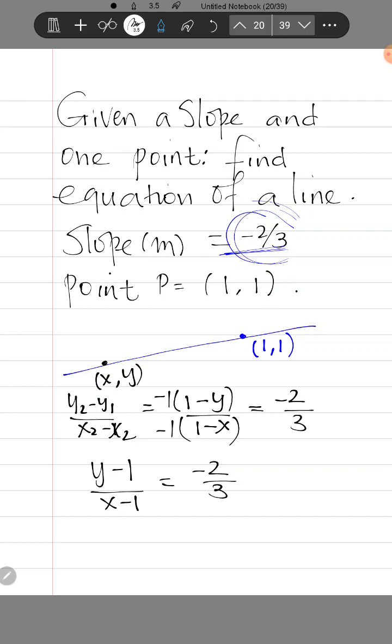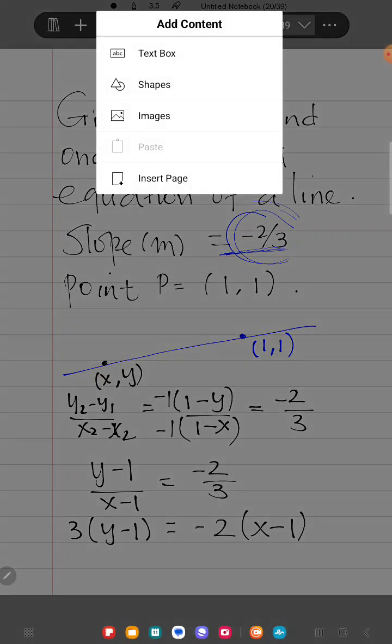Here we can do a cross multiplication. 3 times y minus 1 is minus 2 times x minus 1.